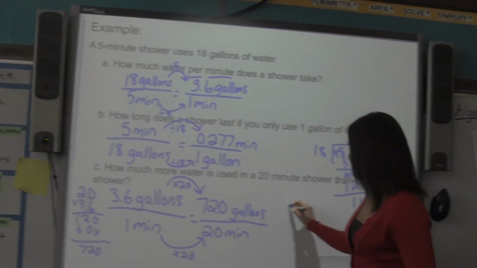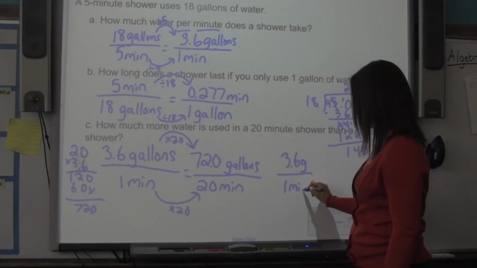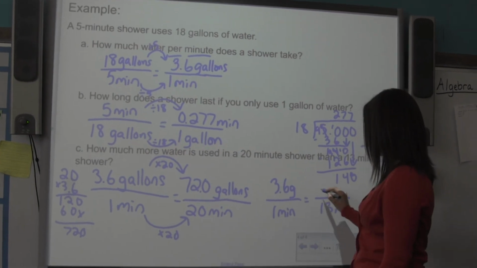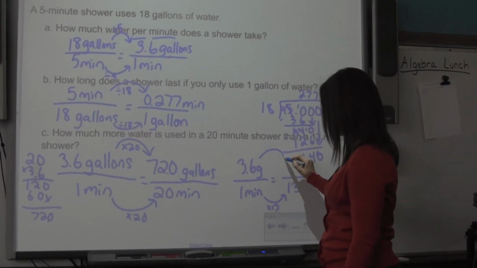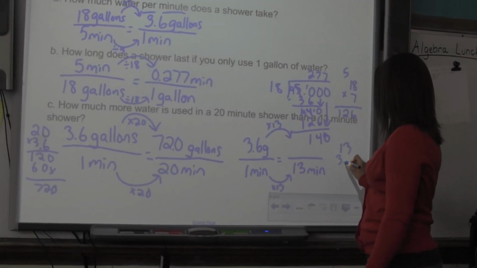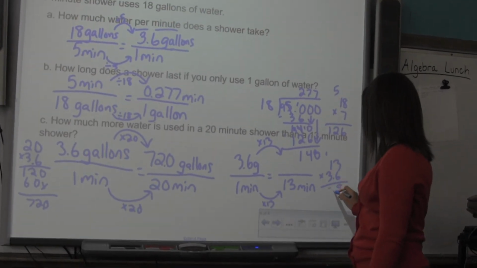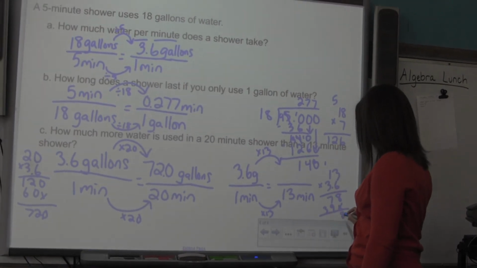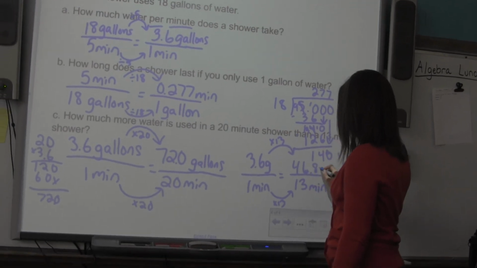On this side, I have 3.6 gallons per 1 minute. For a 13-minute shower, I'm multiplying by 13 here. 13 times 3.6 is 46.8 gallons.